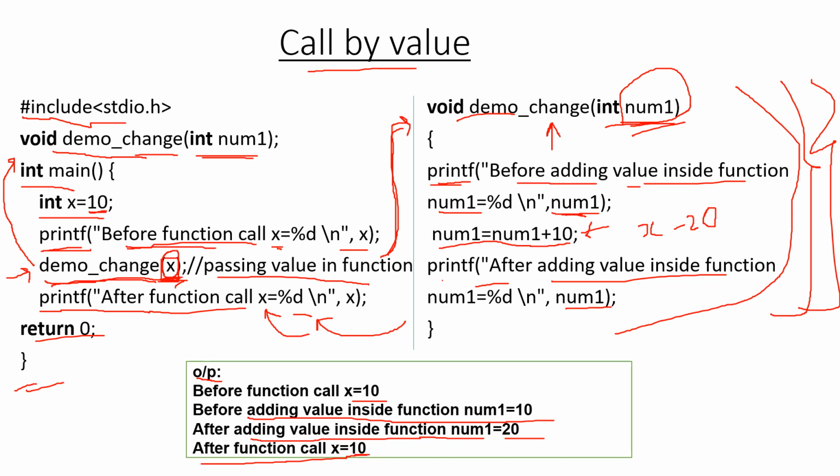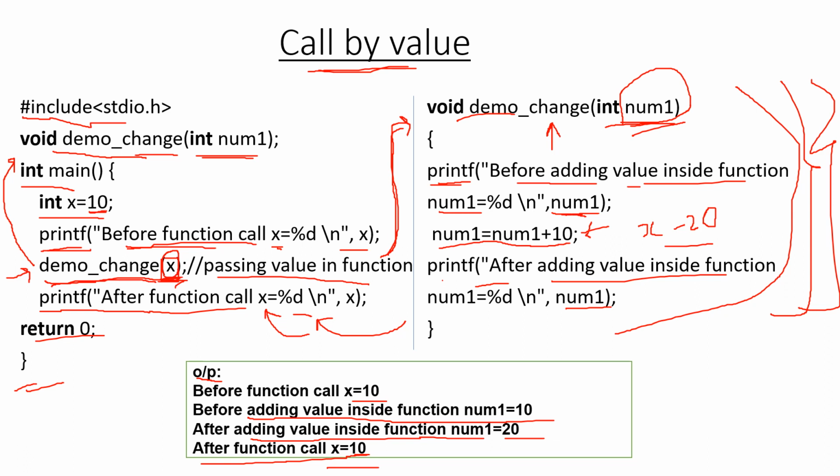So what was the difference here? We have made x equal to 20, still it's printing x is equal to 10. Why? Because in call by value method of parameter passing, the values are stored in different memory locations.